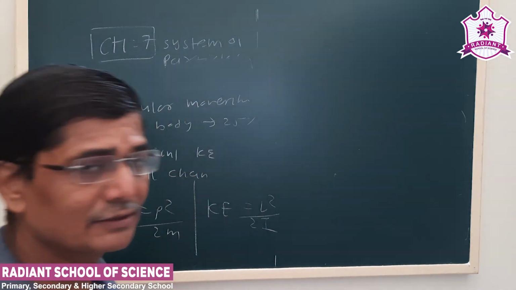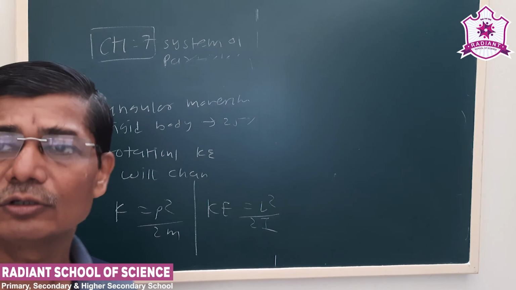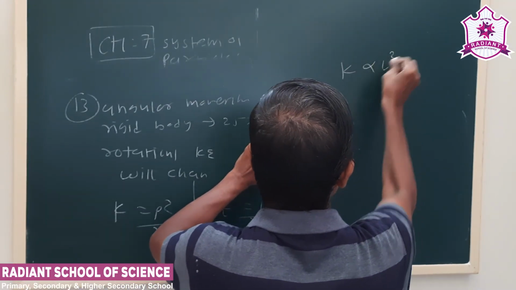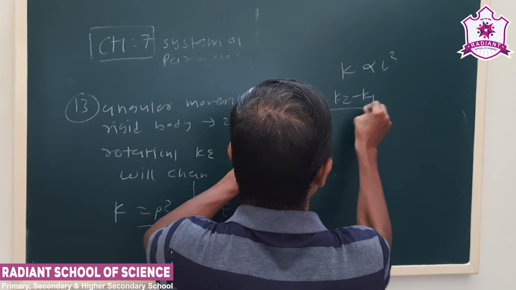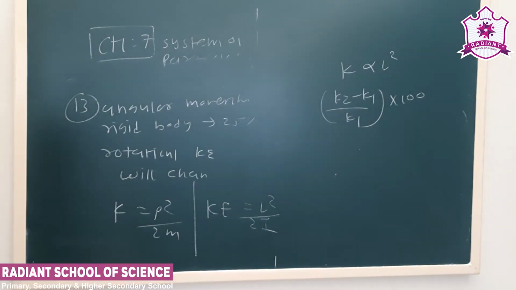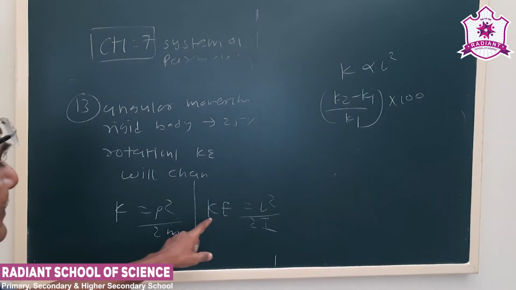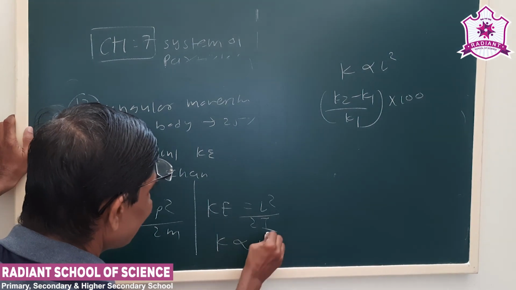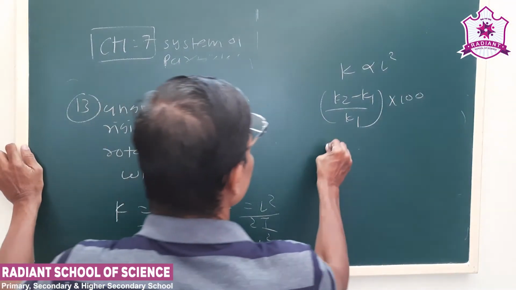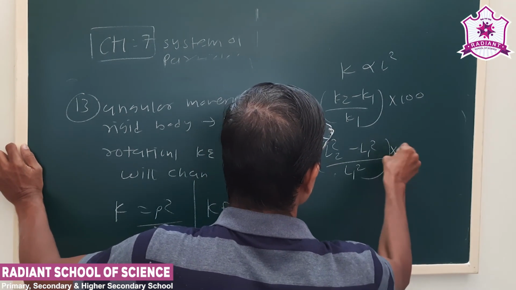Whenever the change is more than 5%, we cannot use the method of error. So here K is proportional to L square. See, the percentage change in the rotational kinetic energy will be L2 square minus L1 square upon L1 square into 100.